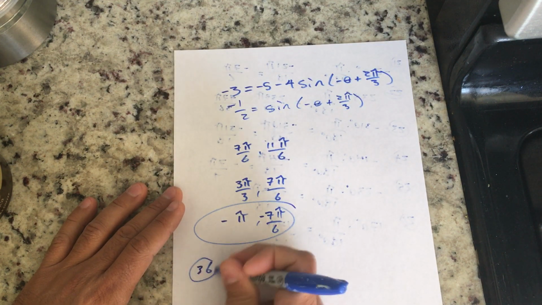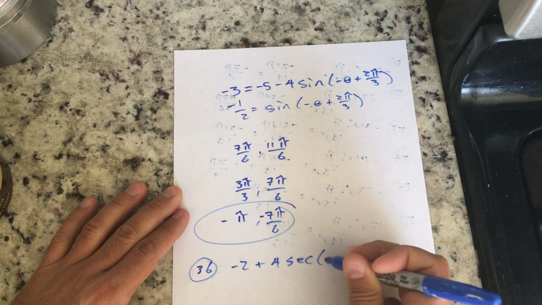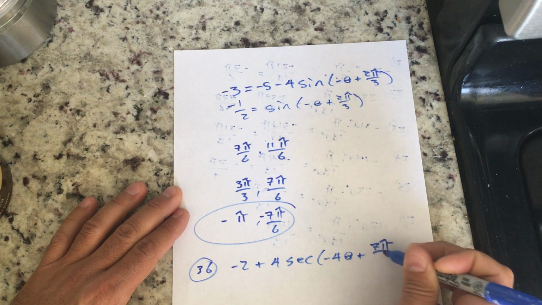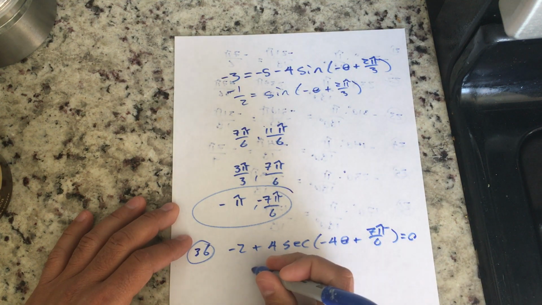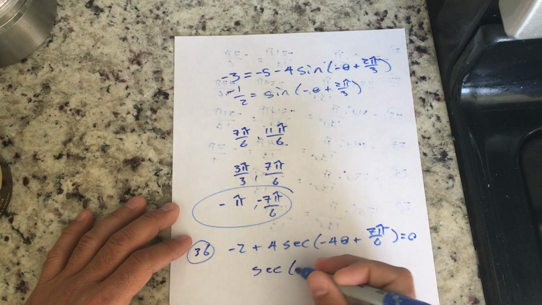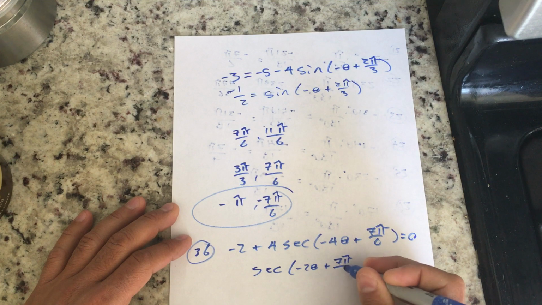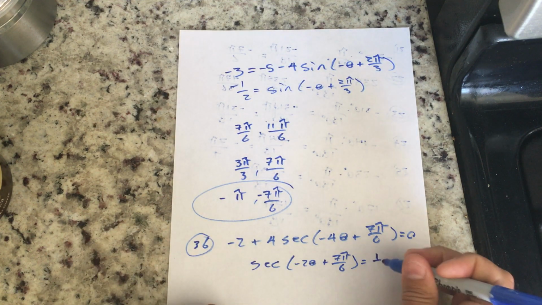Last one, here we go. Negative 2 plus 4 secant of negative 4 theta plus 7 pi over 6 equals 0. I'm going to add the 2 and divide by 4, so it's going to be secant of negative 2 theta plus 7 pi over 6 equals 1/2.